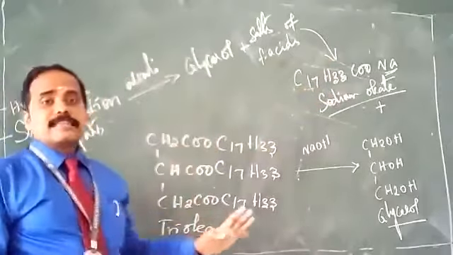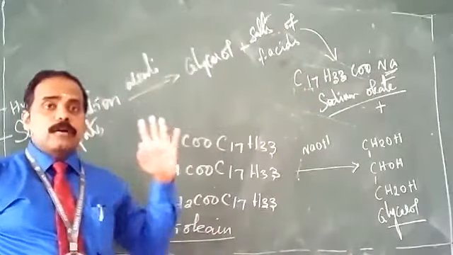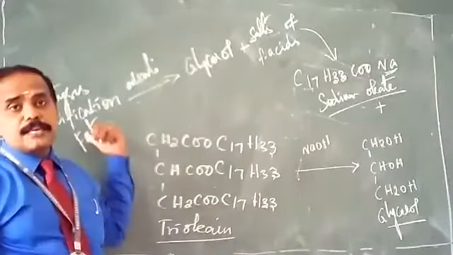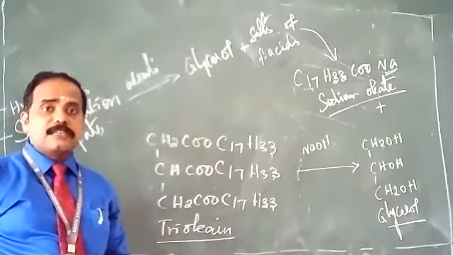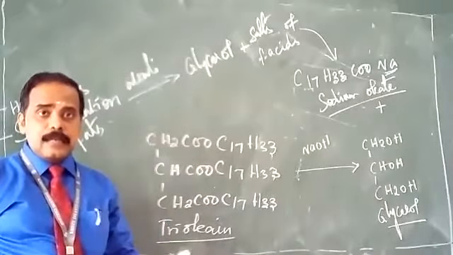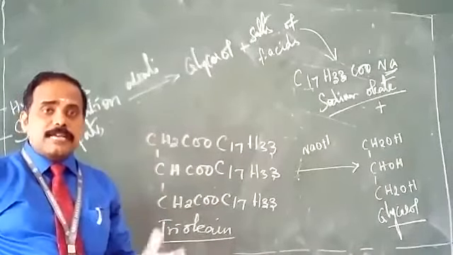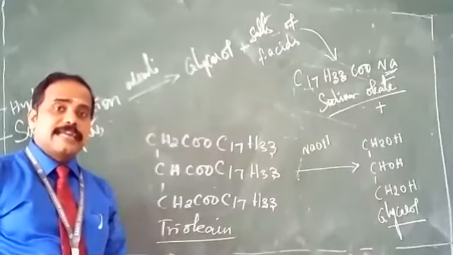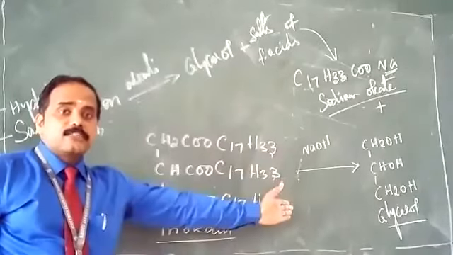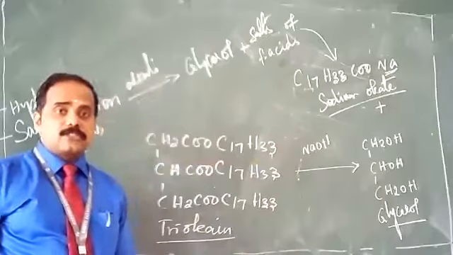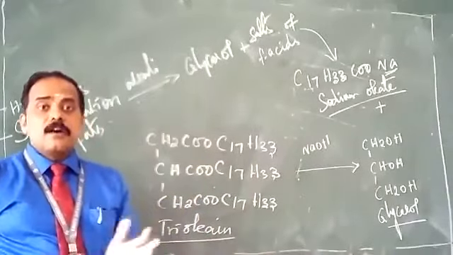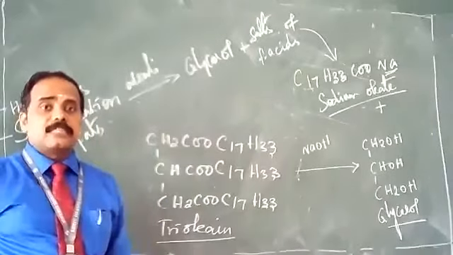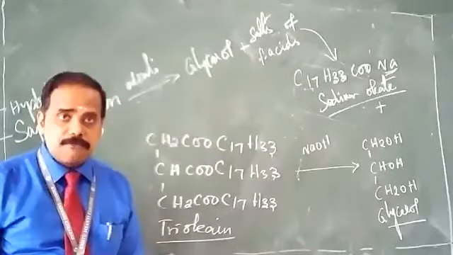Let me explain the reaction once. The reaction is saponification, the process of hydrolyzing fat by using alkali. As a result of saponification, it yields glycerol and salts of higher fatty acids, either sodium salts or potassium salts, depending upon the source of alkali that we use.